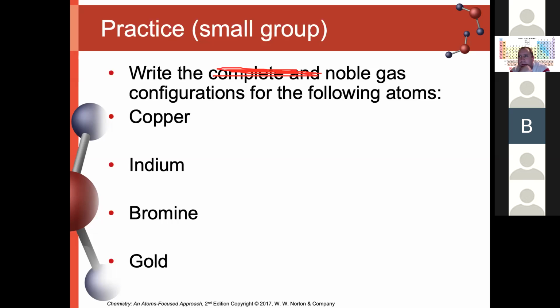Somebody else want to go for the second one? Malaz, what did you say was the 4s configuration? 4s2.